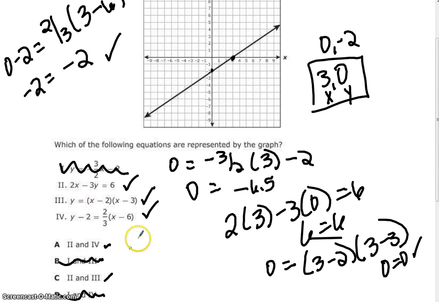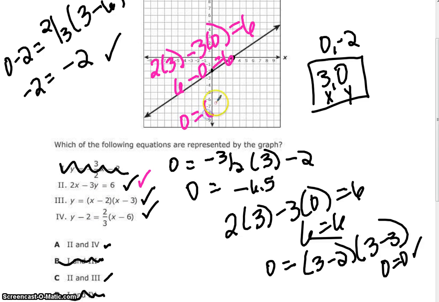Looking at number 2 again, I'm going to change color so we can see me do it the second time. This point (3, 0) is going to be 2 times 3 minus 3 times 0. It's got to equal 6. 2 times 3 is 6, minus 0 equals 6. That one is a good one. So let's look at number 3 again. We've got 0 is equal to 3 minus 2 times 3 minus 3.